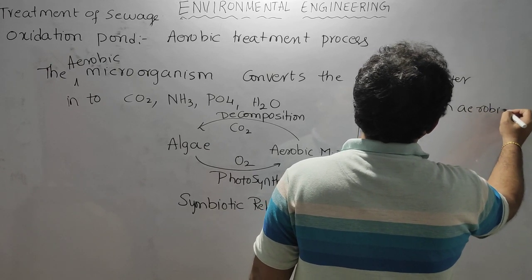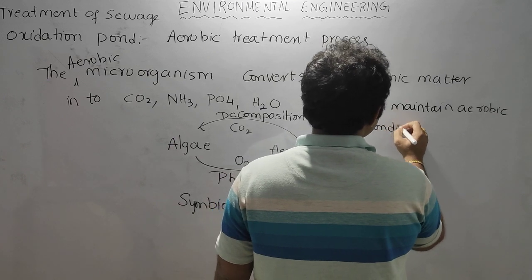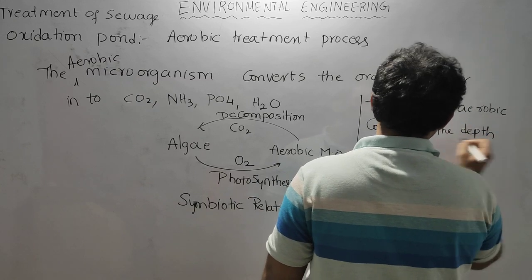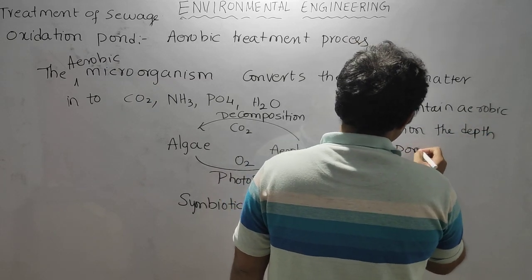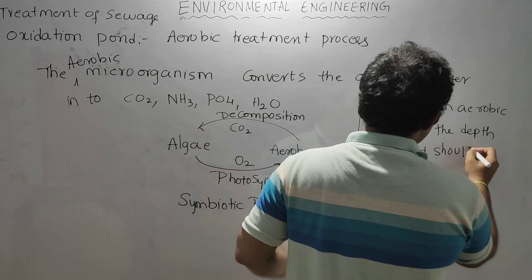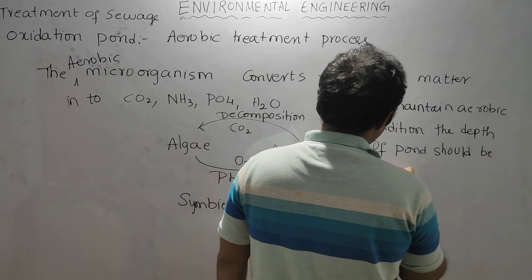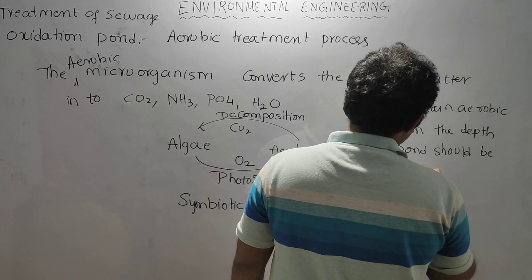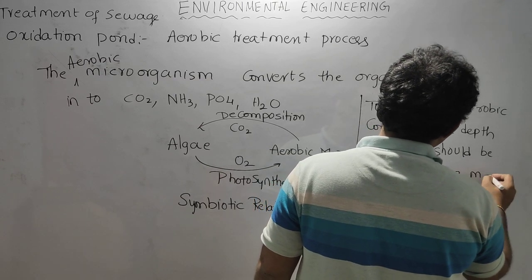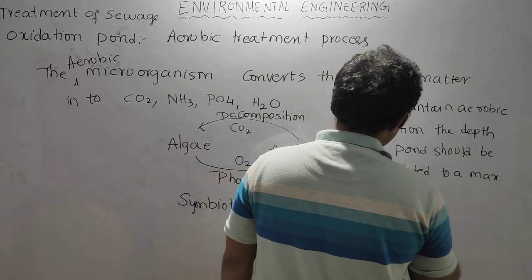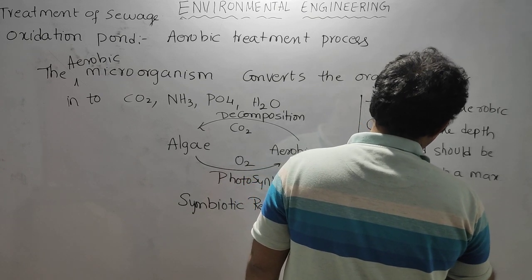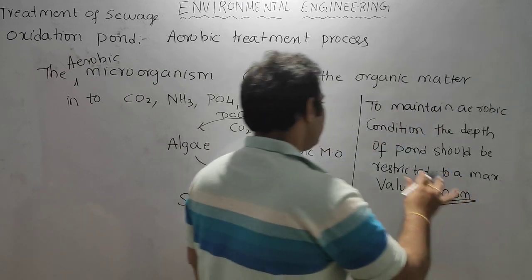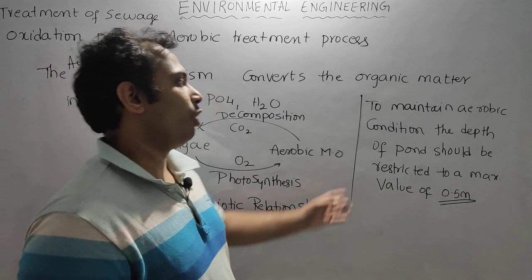The depth of the pond should be restricted to a maximum value of 0.5 meter only. So the depth is restricted already to ensure aerobic nature.